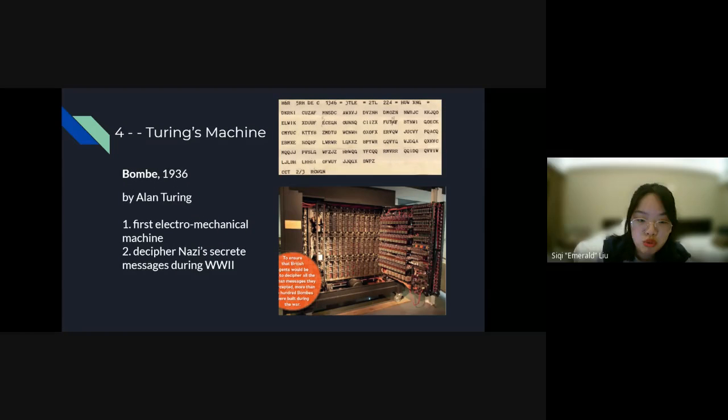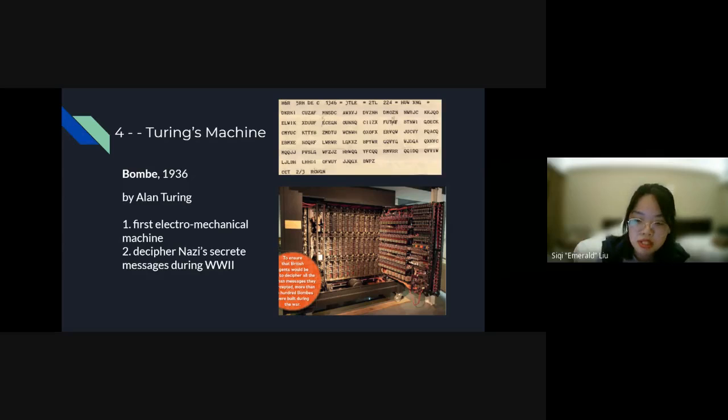Continuing to the fourth stage of computing machines was the Turing machine. Alan Turing was considered by many the father of modern computer science. In 1936, during World War II, Turing invented the Bombe machine.